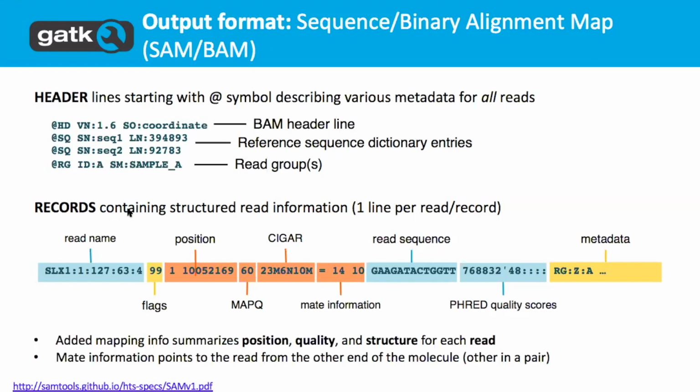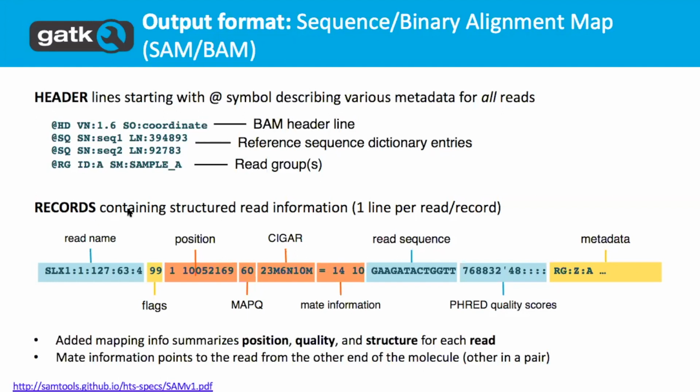In the header, you have information such as the version and the sorting order of the reads. In this case, it's coordinate sorted. You have reference sequence dictionary entries to say which reference sequence dictionary was used in the sample, and also read group information.